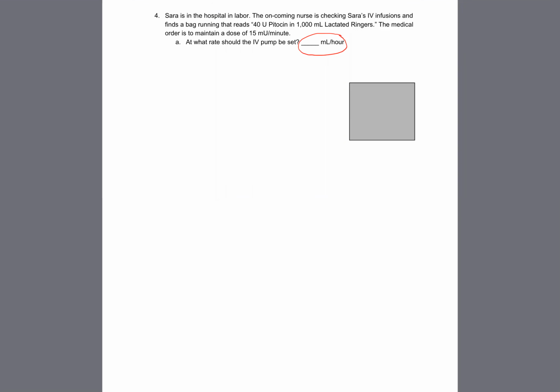So we're going to have our order, which is 15 milliunits per minute. The availability is 40 units per 1,000 mL. You want to know the conversion of 1,000 milliunits in 1 unit.